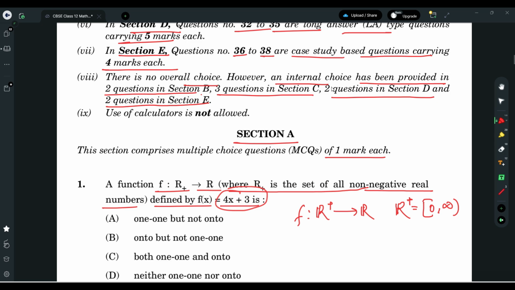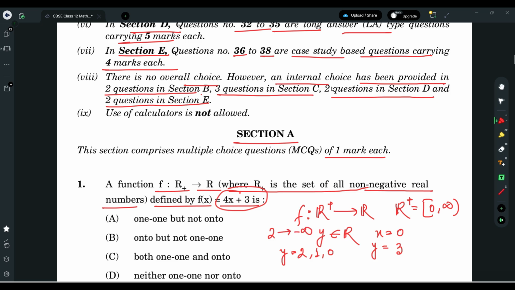To check the ontoness, we have to take some y from R that has no preimage. Because x is from 0 to infinity, let us take x equal to 0. Then y equal to 3. That means if we take y equal to 2 or 1 or 0, or anything below 3, down to minus infinity, there is no preimage.